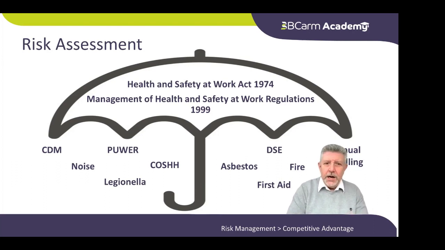On each of the spokes of the umbrella, there are many different pieces of legislation. Just a few examples are given here: construction design and management, noise, provision and use of work equipment, control of substances hazardous to health, display screen equipment, asbestos, fire, Legionella, first aid, manual handling, etc. So that's how I visualize the way that the legislation and the laws are structured.